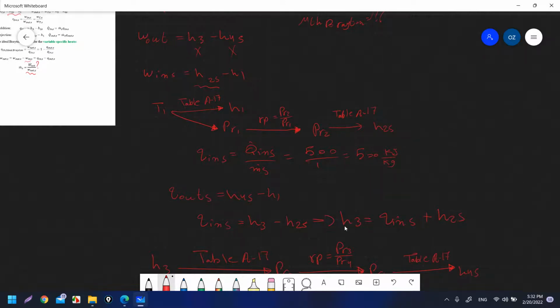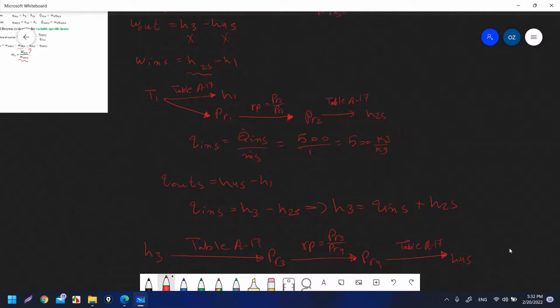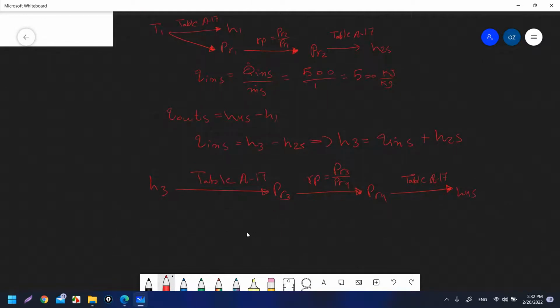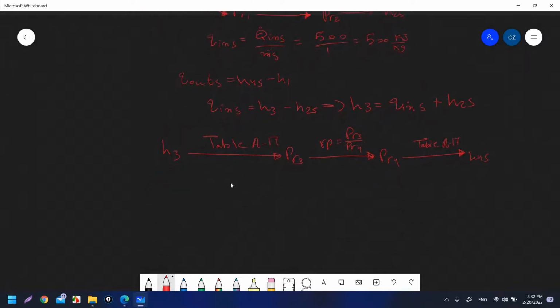I already calculated H3 from this equation, and H4S from the table. Also, if he asks you about the back work ratio, it is equal to W net S over W out S.